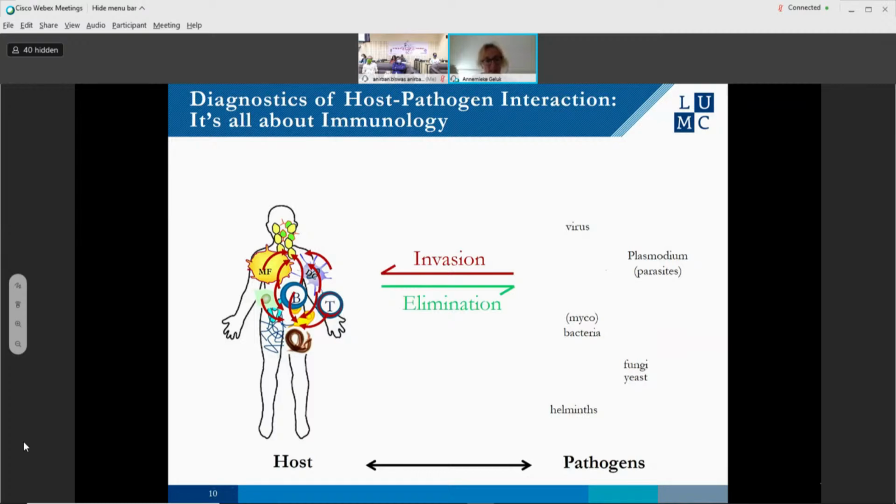And this could be T cells, B cells, macrophages, and all those cells that are fighting the elimination of the pathogens. They are producing different biomarkers in the host. And the biomarkers can be identified.